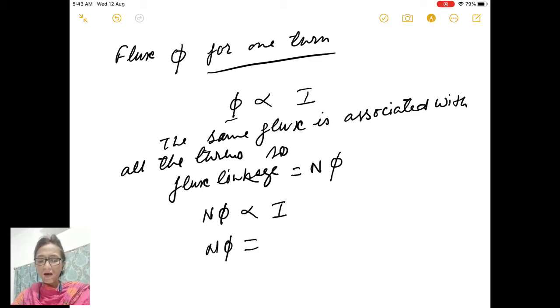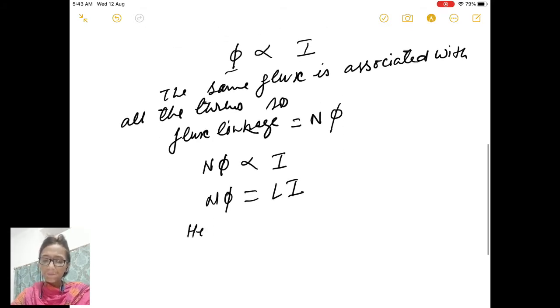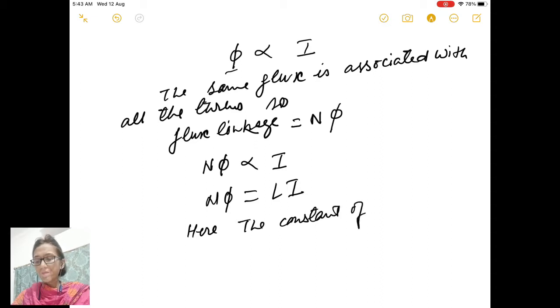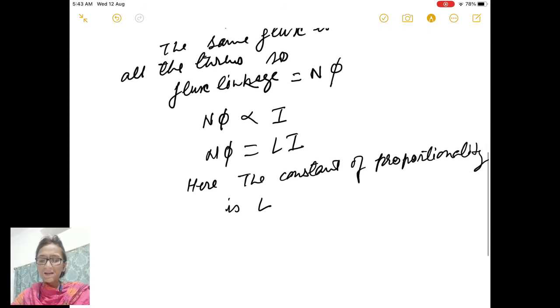Now N phi will become equal to Li. Here the constant of proportionality is L, and this is your self-inductance.